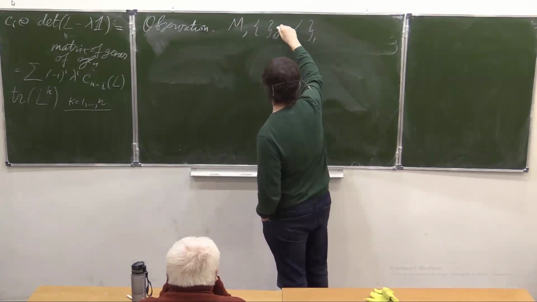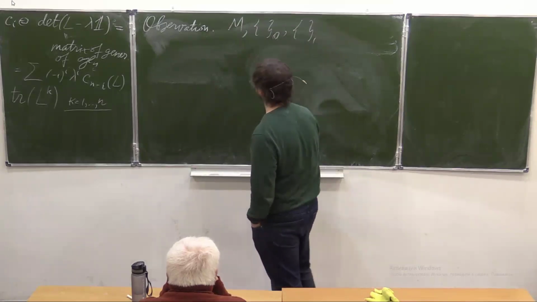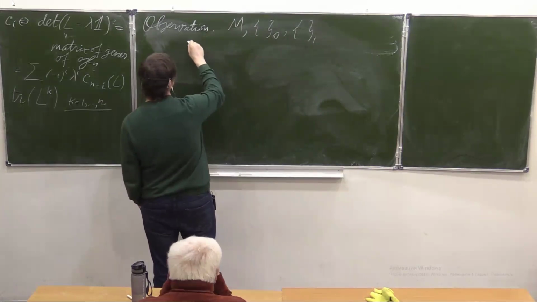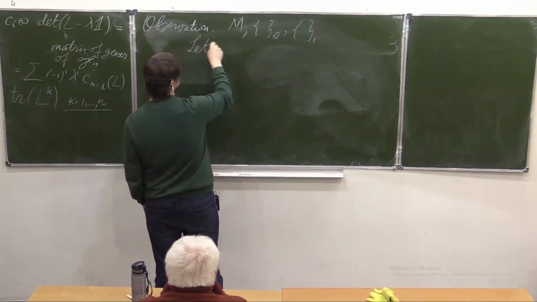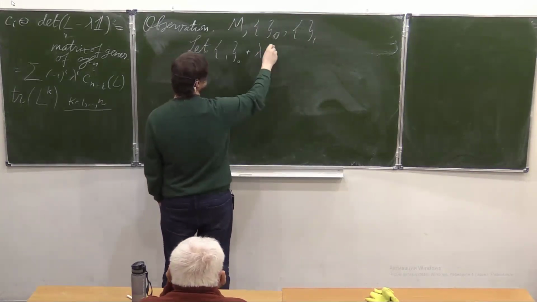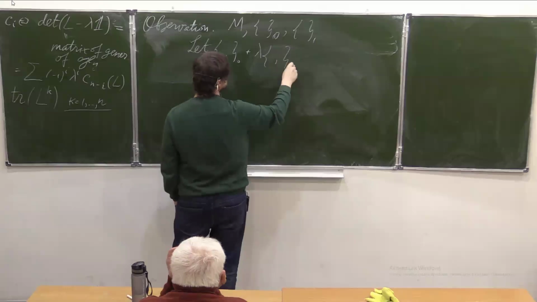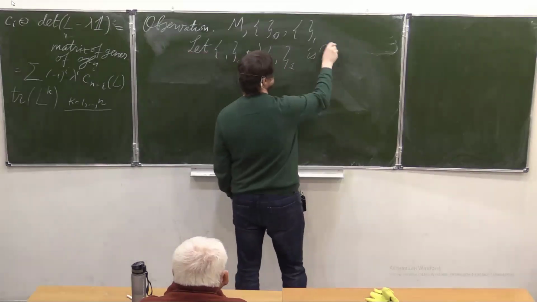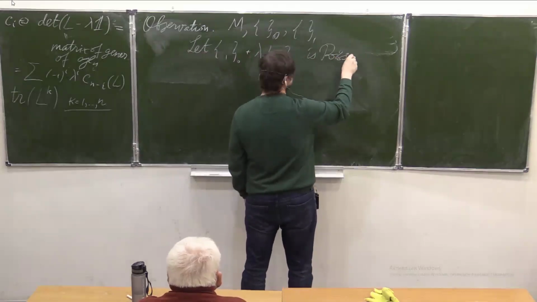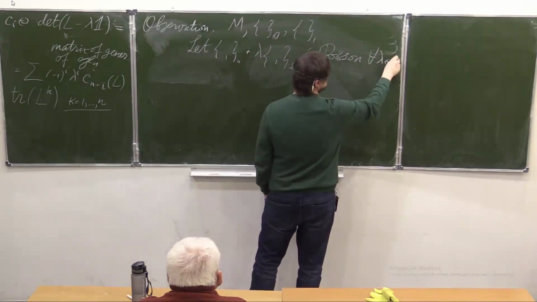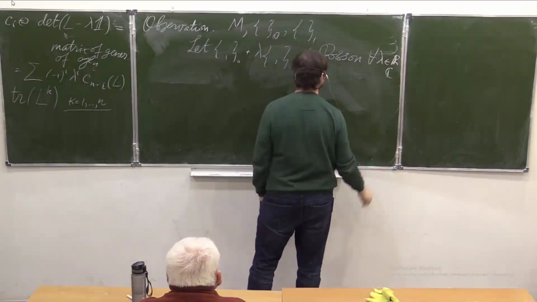And we assume that these Poisson structures are compatible in the sense that their linear combination is a Poisson bracket for all lambdas. Real or complex doesn't matter.